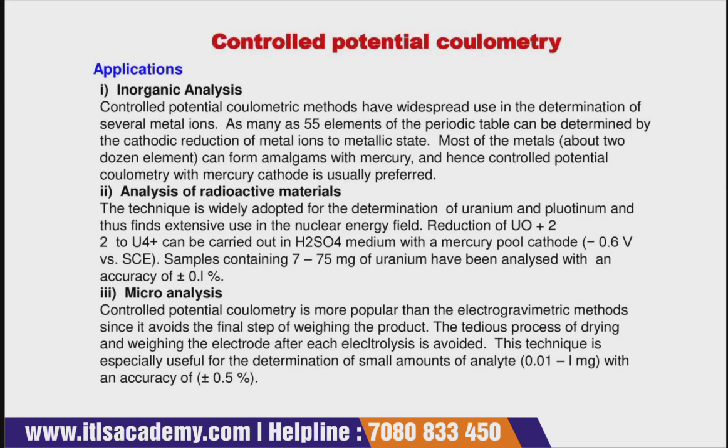The first one, inorganic analysis: this technique is used in the determination of several types of metals. As many as 55 elements of the periodic table can be determined by this cathodic reduction of metal ions to the metallic state. So it has very huge demand in every sector.